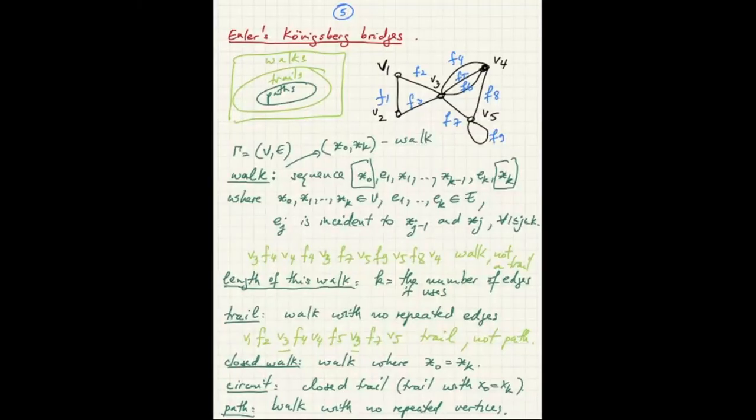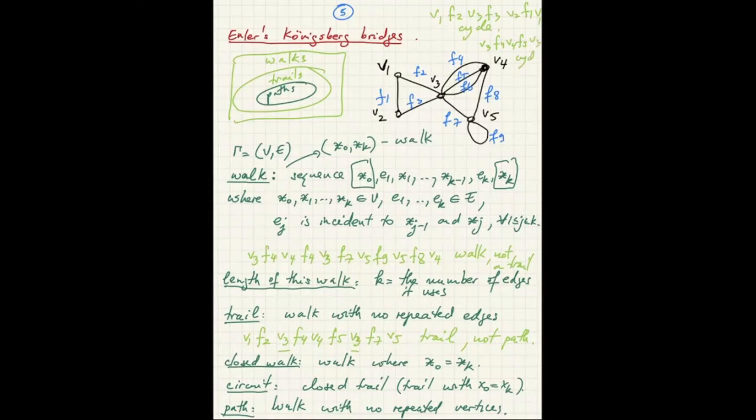So in our example here, there's an obvious cycle v1, f2, v3, f3, v2, f1, v1. That's a cycle. But there's also a cycle of the form v3, f4, v4, f5, v3.